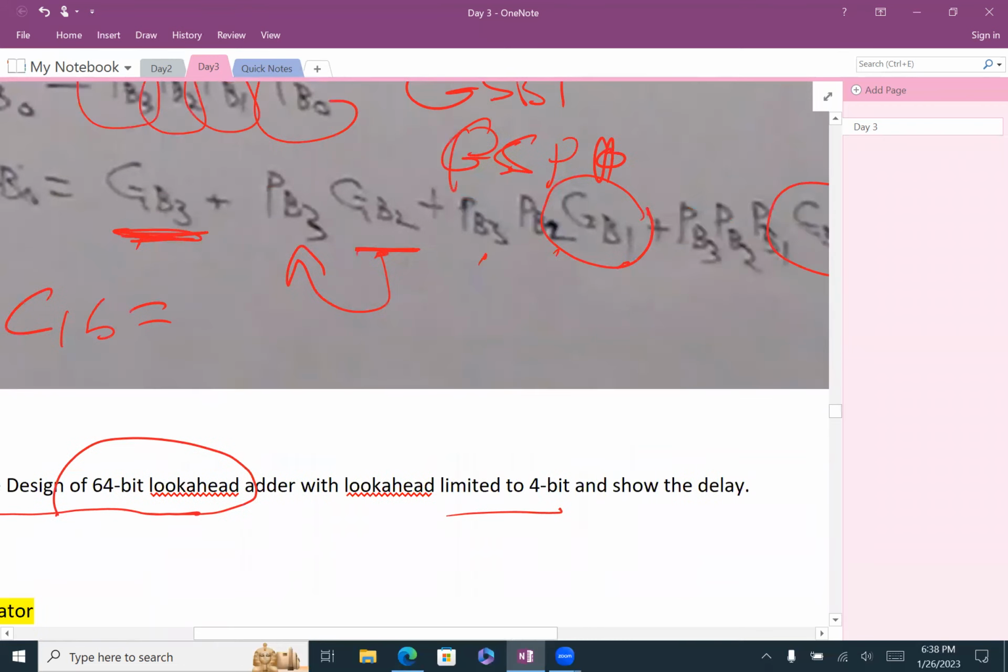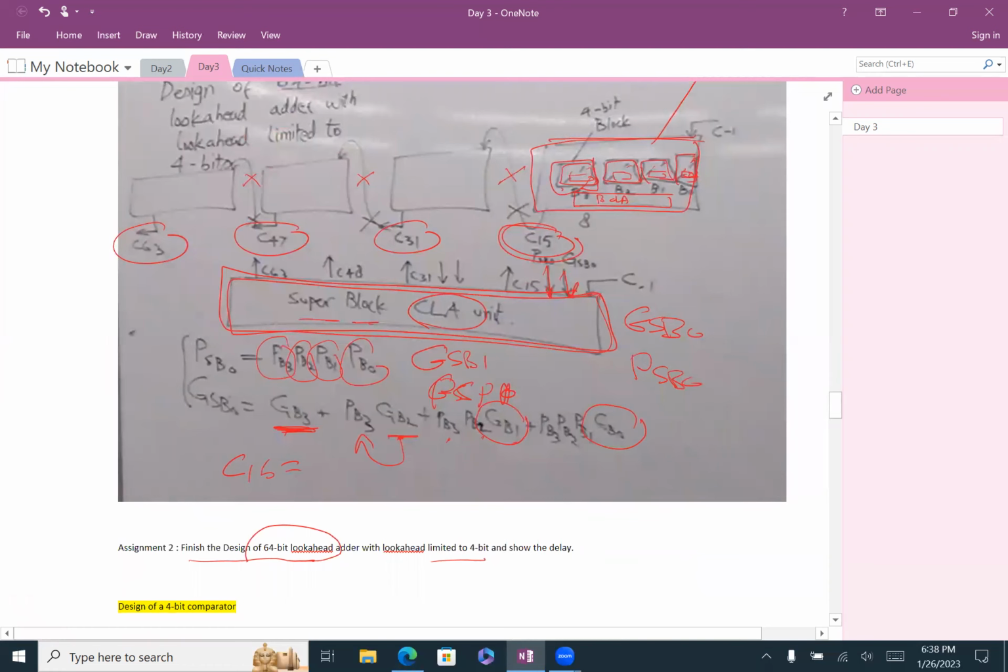It's the same circuit, right? So you will draw the circuit, finish the design, find the super block G's and the super block B's, then find the carries, carry 15, carry 31, carry 47, and carry 63. You will find them for me.